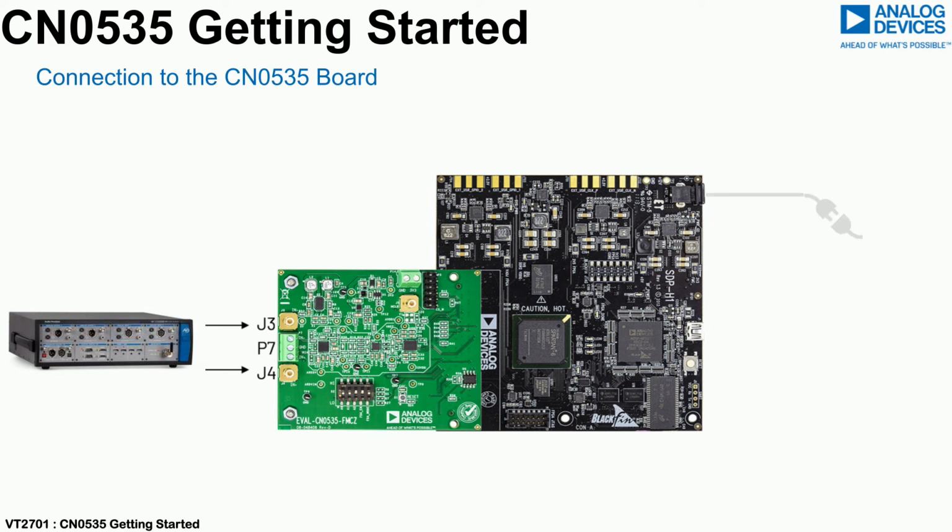Connect the 12-volt DC supply to the SDP-H1 board and connect the micro USB cable to the Windows PC. The 12-volt supply and USB cable are both provided with the SDP-H1 kit.